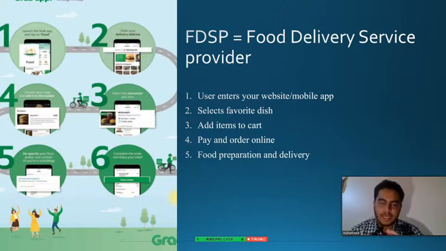Starting from the beginning, the user enters your website or mobile app, which is the customer, to the second step, which will be selecting the favorite dishes from any restaurant that the customer wants, and to the third step, which is we add the item to the cart for any dishes that we already choose, until the fourth step will be pay and order online. Then the last step will be the food preparation and the delivery to the customer. Now I'll pass to my friend Eddie.